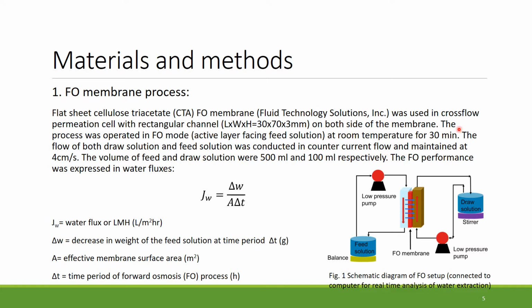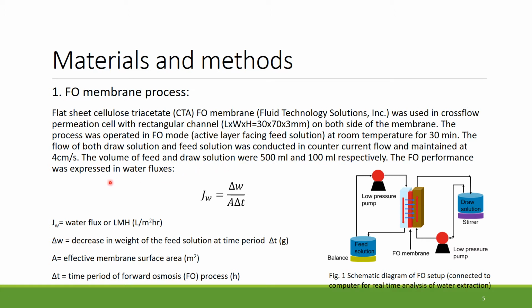It is conducted in cross-flow permeation cells, and the process is conducted in FO mode, that means the active layer facing the feed solution, at room temperature for 30 minutes for every trial. Both the draw solution and feed solution are conducted in counterflow, that means opposite flow, in order to increase the performance. The volumes used are just 500 ml and 100 ml respectively.